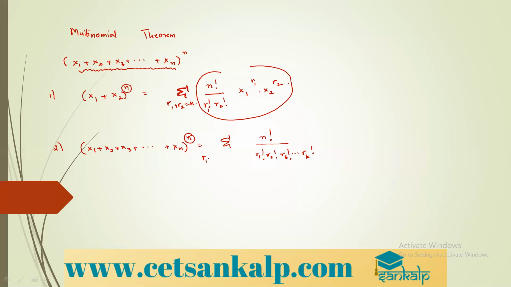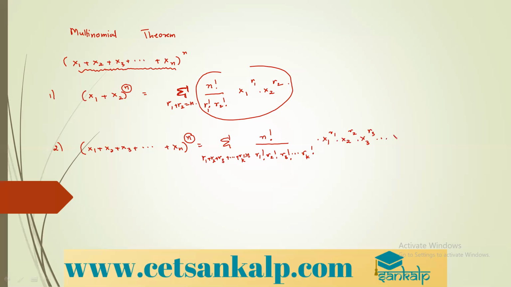You will see that when you add r1, r2, r3, so on up to rk, total you must get n. And then you will take x1 power r1 multiplied to x2 power r2 multiplied to x3 power r3.